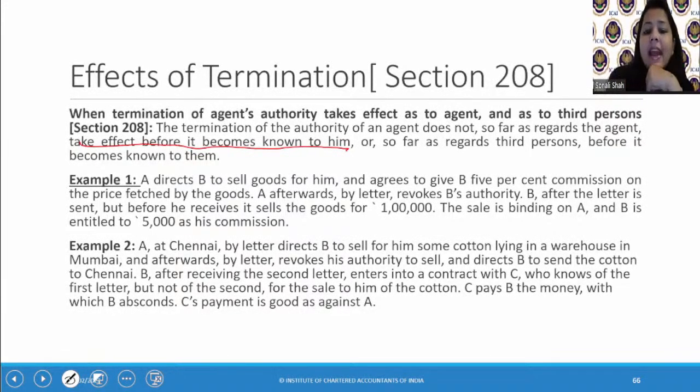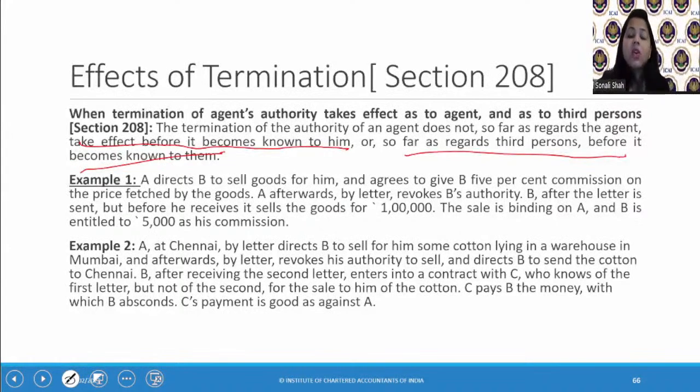So far as regards third persons, before it becomes known to them. So the termination becomes effective only when the agent and the third parties come to know about it. Let's say the principal revoked the authority, but he did not inform the third party, and the third party, with the original understanding that he is the agent, enters into the contract. In that case, the principal will be held liable. So notice becomes extremely important here.